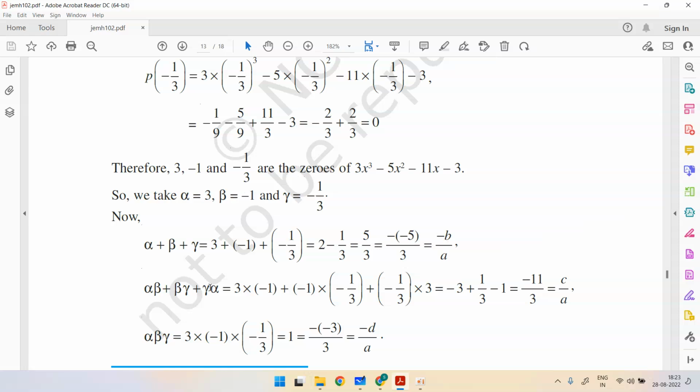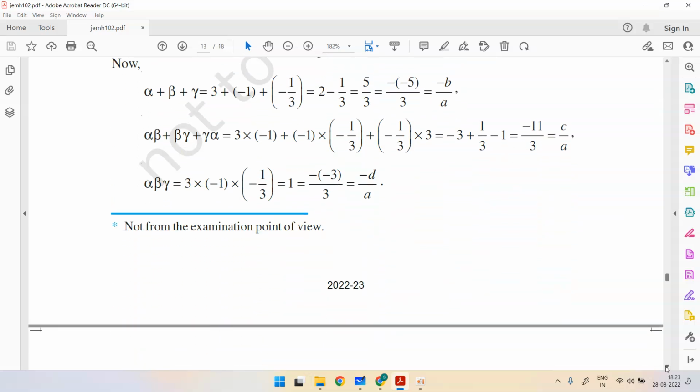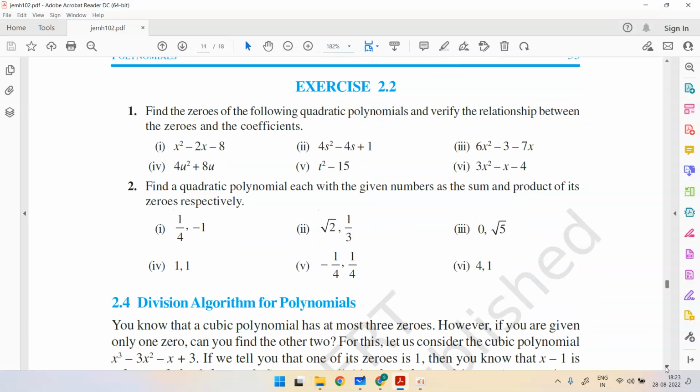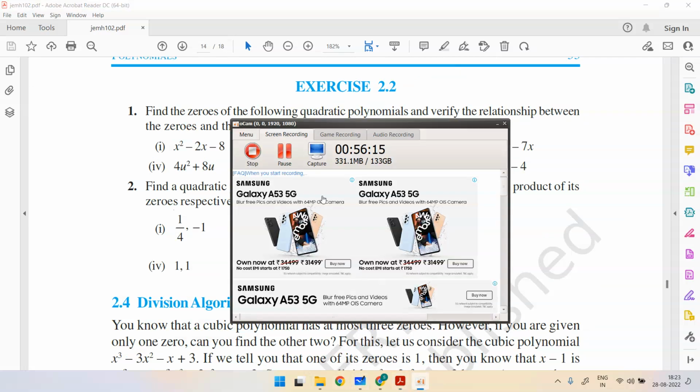And similarly, alpha beta plus beta gamma plus gamma alpha, if you solve this, will give you c by a. You can verify from this, and you will prove that yes, these are zeros, and it has been verified. Thank you, and the exercise will be shown next.